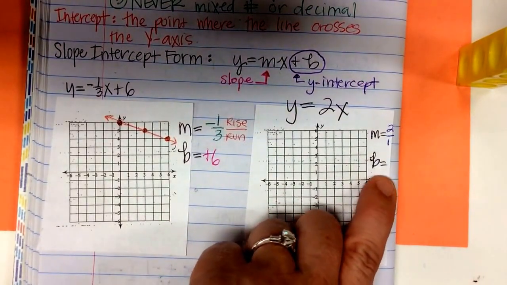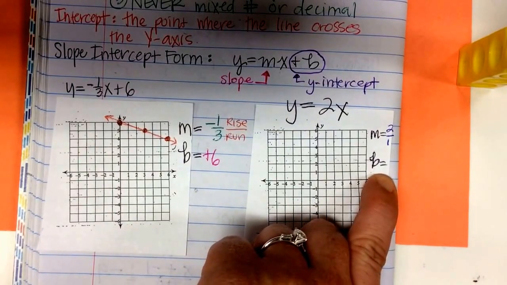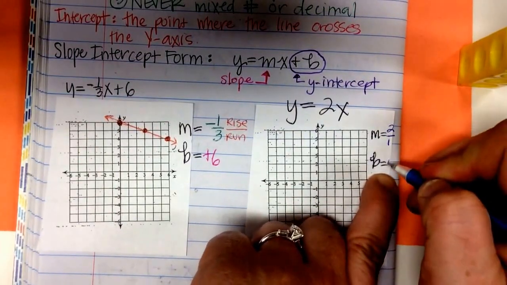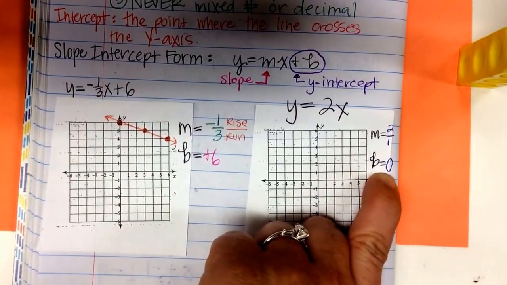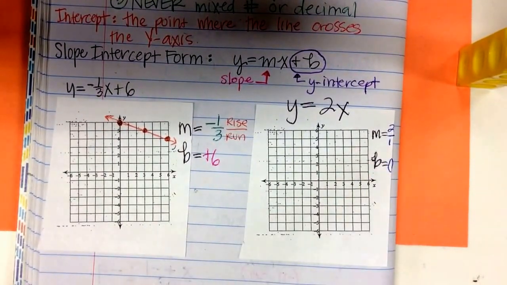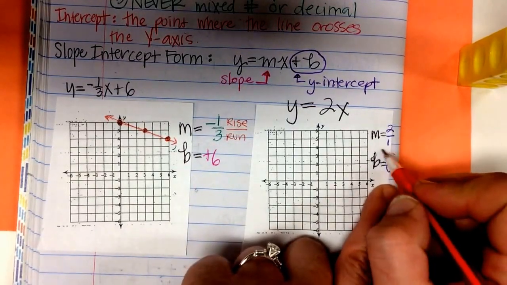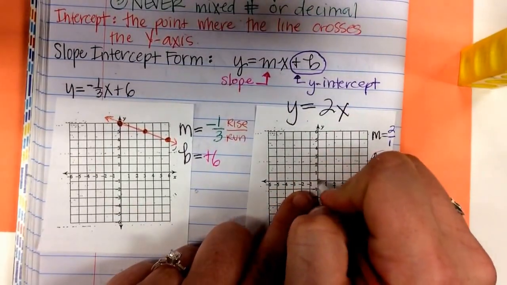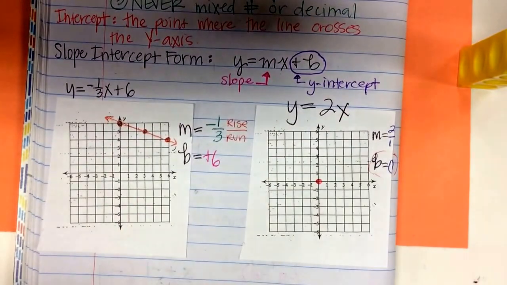What's being added or subtracted? Nothing. What number means nothing? 0. So let's graph it. Where does my line start? Start alphabetically. It starts at 0. So the y-intercept is 0.